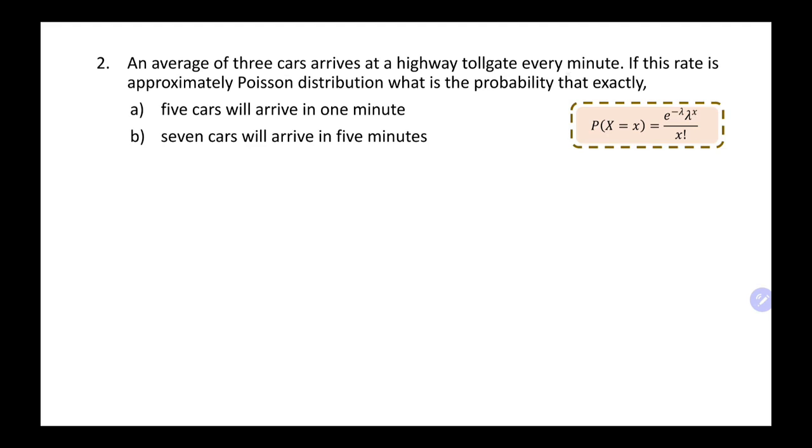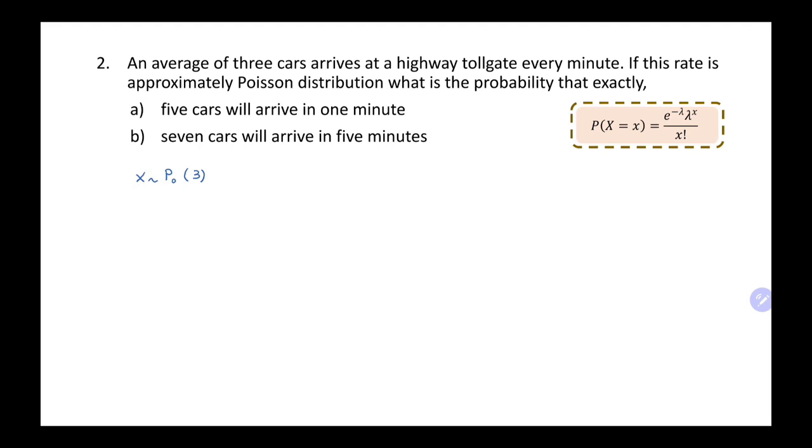Apa-apa yang melibatkan masa itu adalah refer kepada parameter lambda. So we have X ~ Po(3). 3 cars arrive every minute, so this lambda is for every minute.